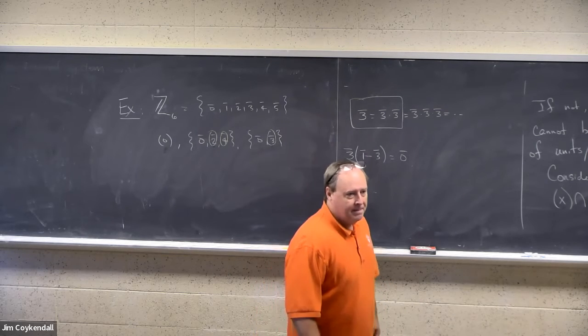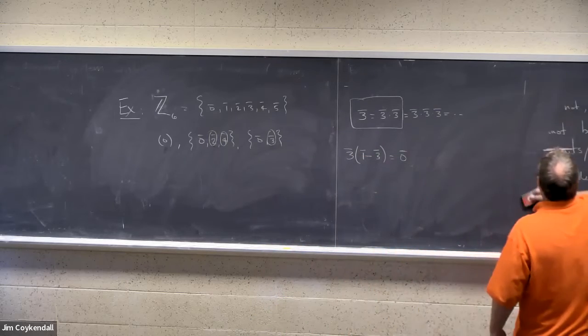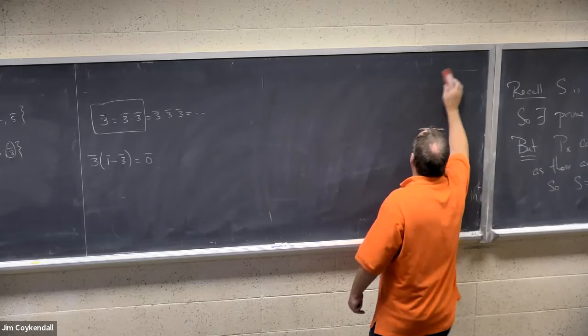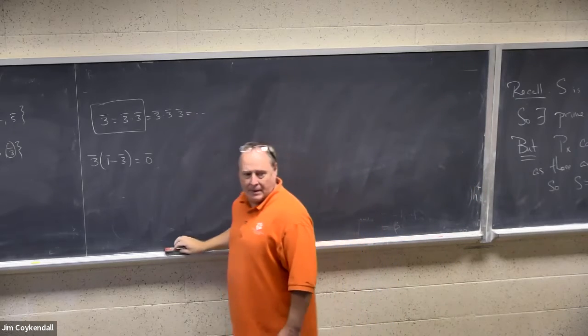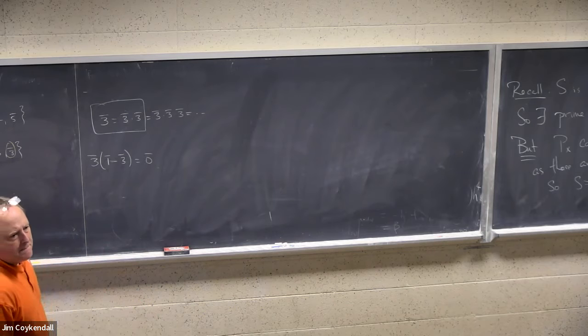You talked about those two ideals being prime, and then you said that 2 and 3 were generators, so they were prime. That's true in this case, but isn't that only true in general in an integral domain, that if you have a prime ideal, the generating element is prime?